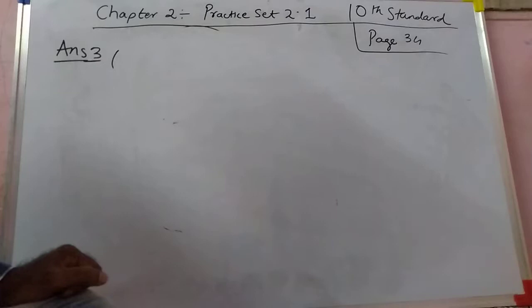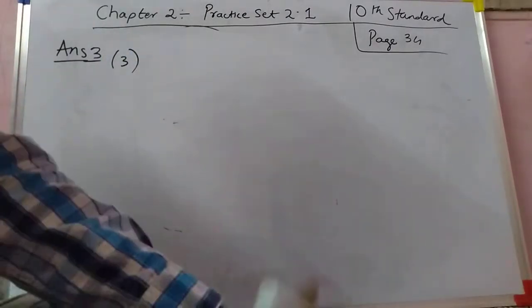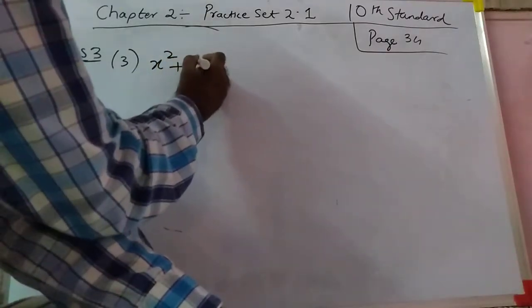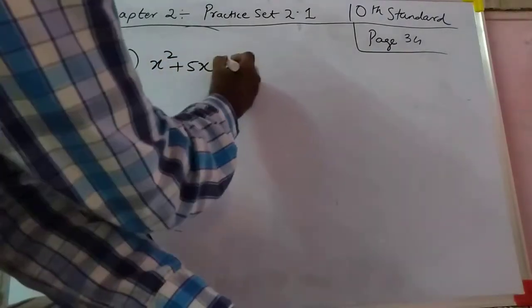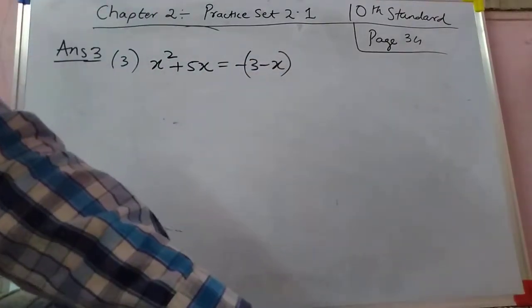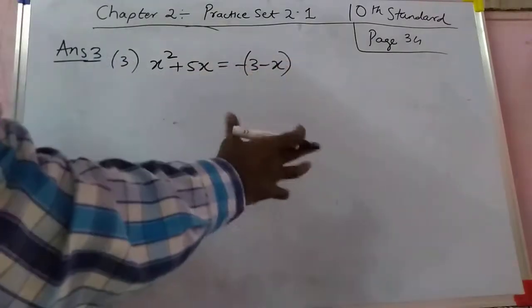Next one is third problem. X square plus 5x is equal to minus 3 minus x. Okay. तो फर्स्ट स्टैंडर्ड फॉर्म, इसको सिंप्लीफाई करेंगे.